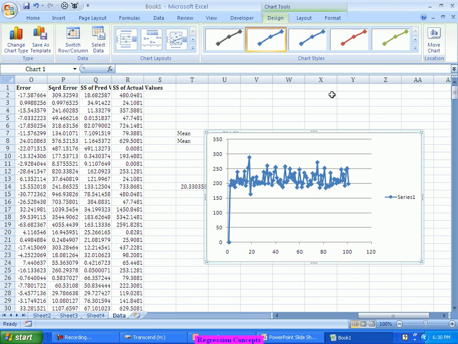If it is a strong negative relation, then as x is increasing, y will start falling. So it would either be a fully down line or a fully up line.